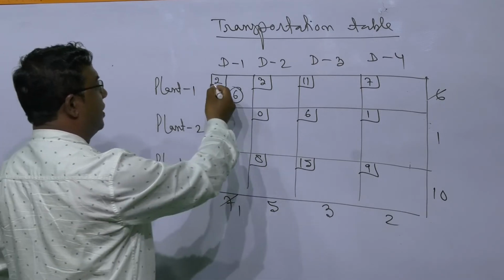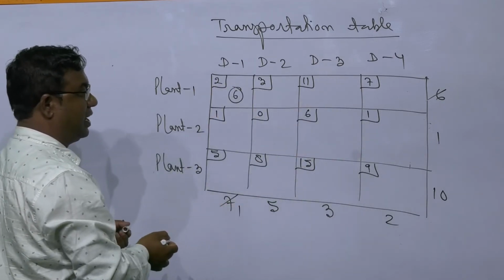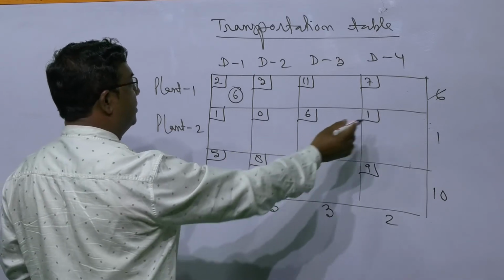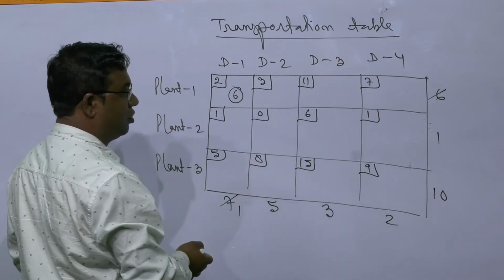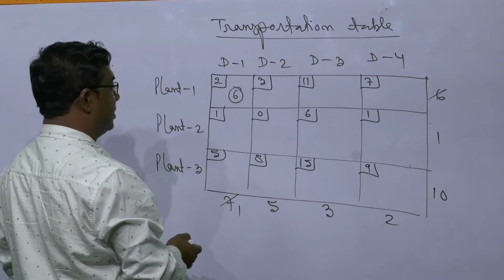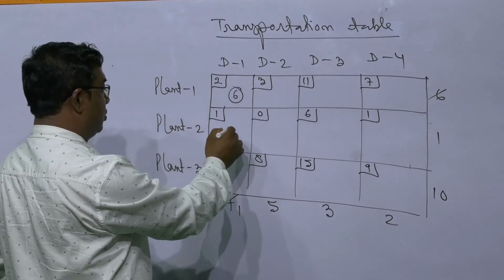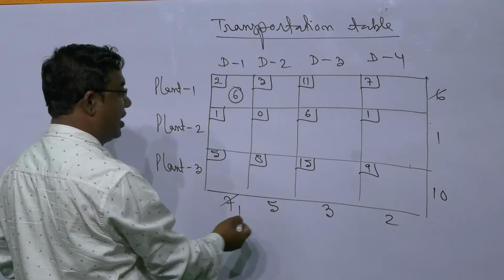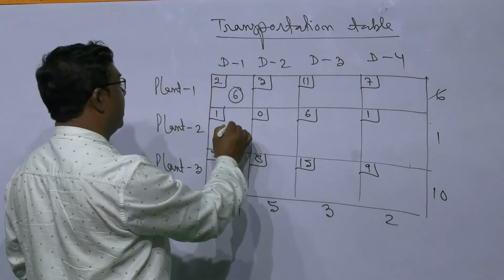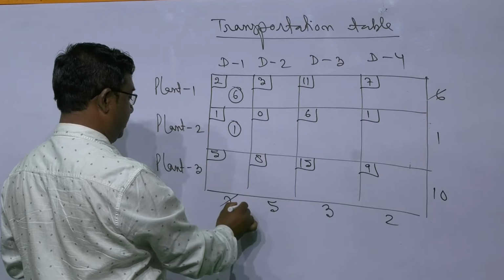So now the first row is over, then consider the remaining cells of the table. Next, the northwest corner is here, so we have to assign here. Here is 1, here is 1, so we can assign 1.